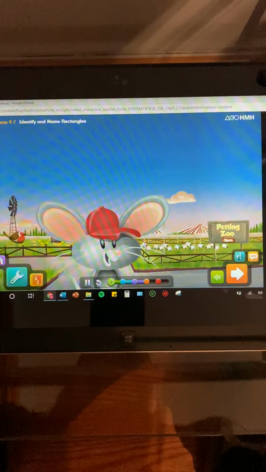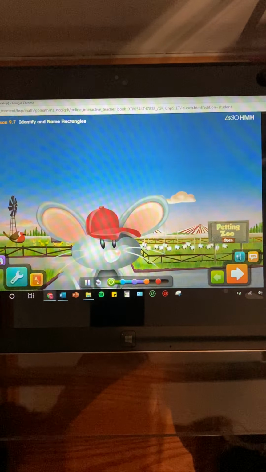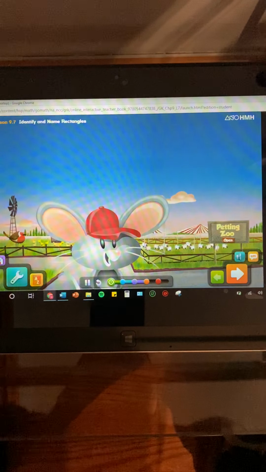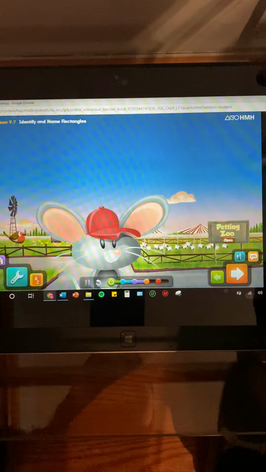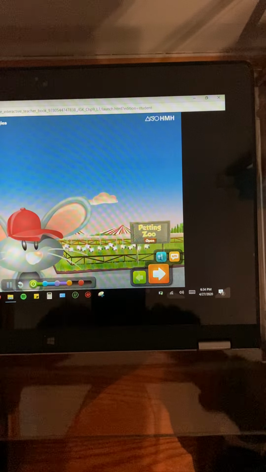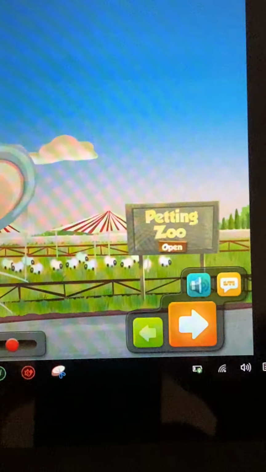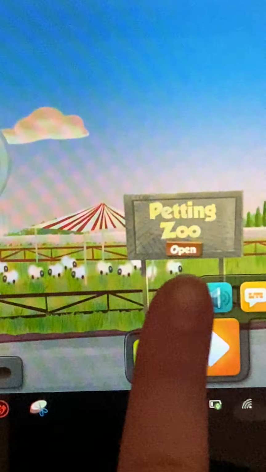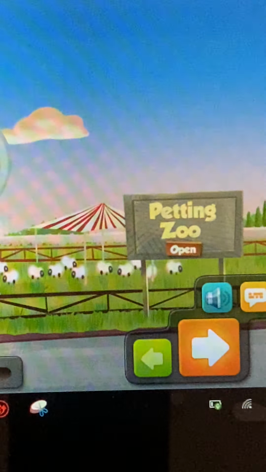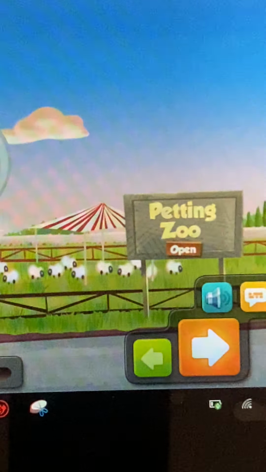I don't know what a rectangle looks like. Do you? I'd like to know. Let's find out. Let's look at that sign really quick. Do you think that sign is a rectangle? Right here. That sign right there. What do you think? Is it a rectangle? Yeah, I think it is.